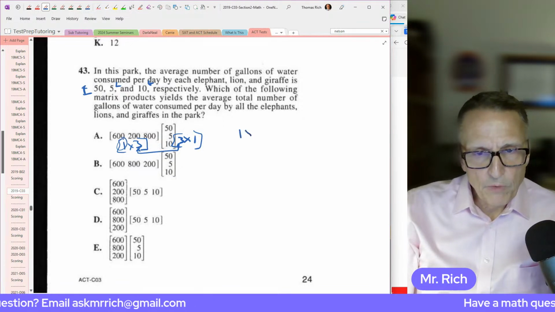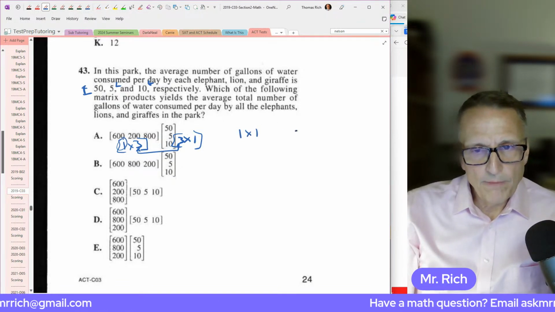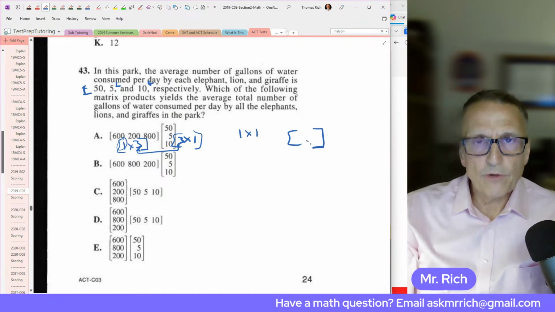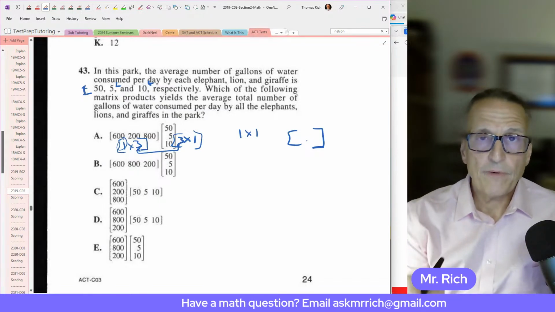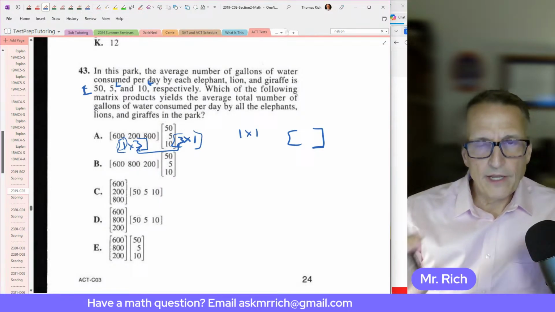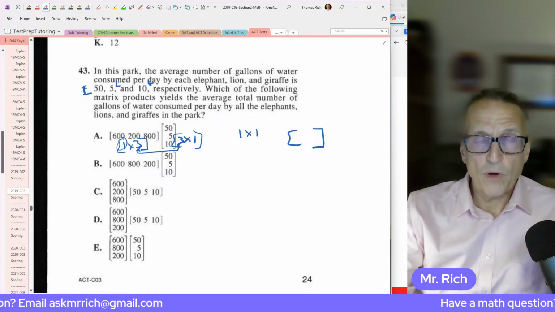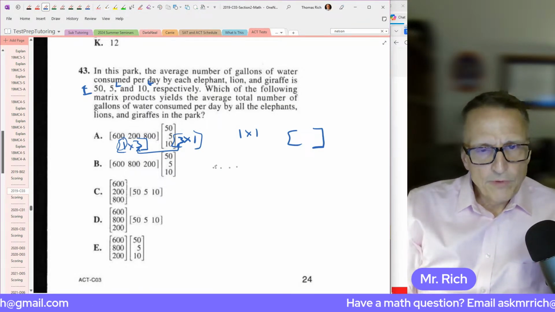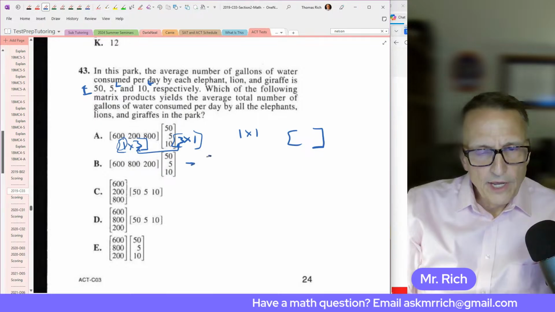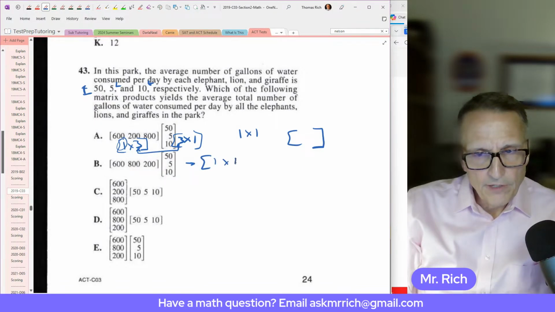So it's going to be a 1 by 1 matrix. Well, a 1 by 1 matrix is just a single number. And that's actually what I'm looking for in this problem because I want to get a total number of gallons for all the animals. So I do want a 1 by 1 matrix. This one would also yield a 1 by 1 matrix.